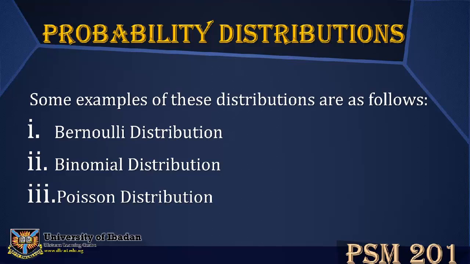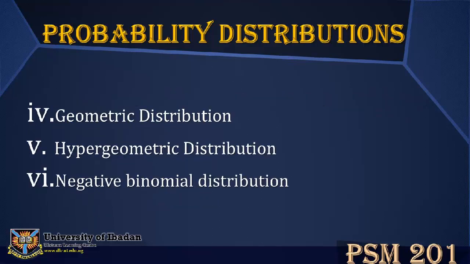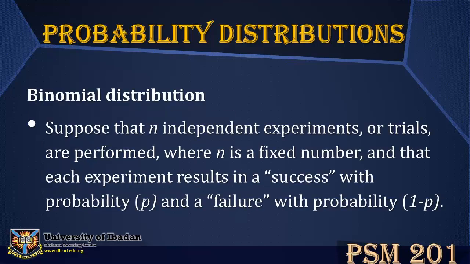Some examples of these distributions are as follows: Bernoulli distribution, binomial distribution, Poisson distribution, geometric distribution, hypergeometric distribution, negative binomial distribution. Of the above discrete probability distributions, the binomial and the Poisson distribution are very common in health and medicine. Hence, these two common distributions shall be discussed in these units.